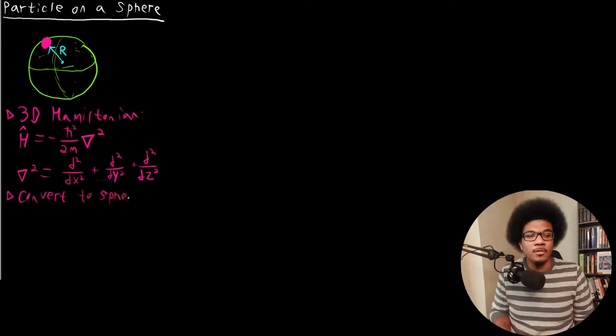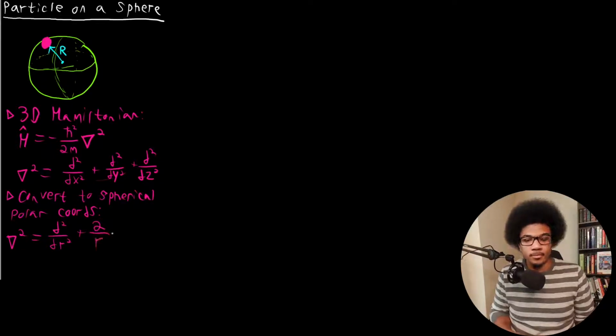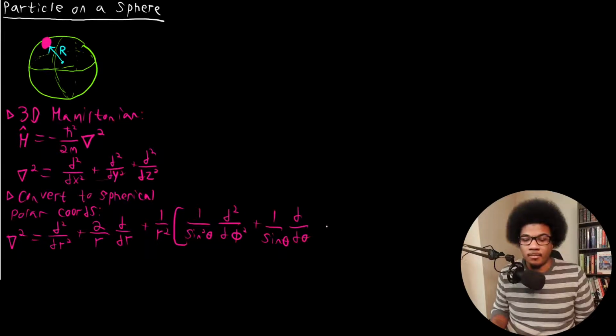If we do that, our Laplacian takes the following form: the second derivative with respect to r, plus 2 over r times the derivative with respect to r, plus 1 over r squared times the bracket containing 1 over sine squared theta times the second derivative with respect to phi, plus 1 over sine theta, d theta, sine theta, d theta.